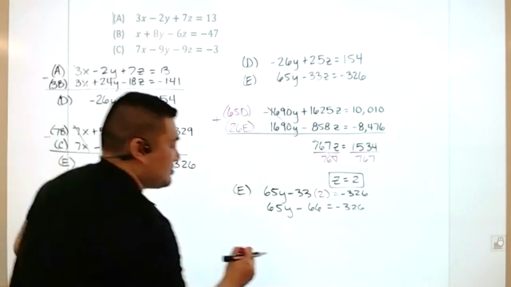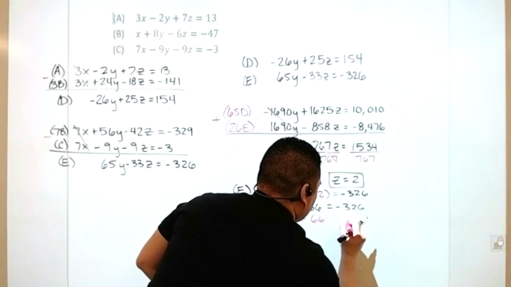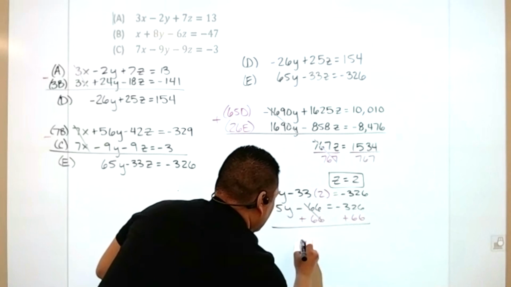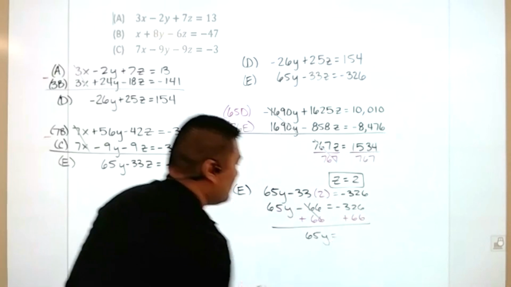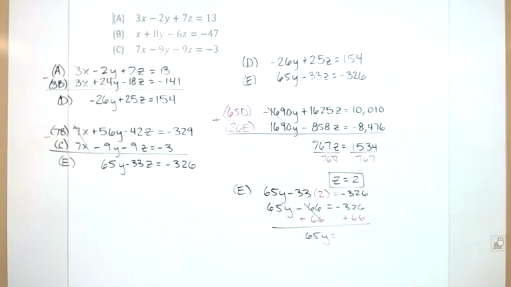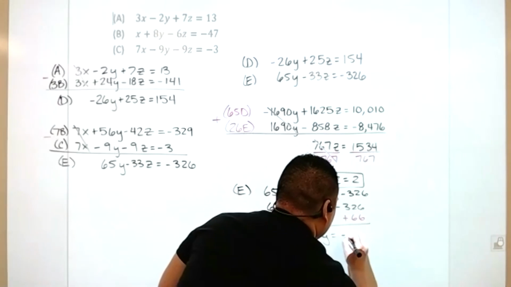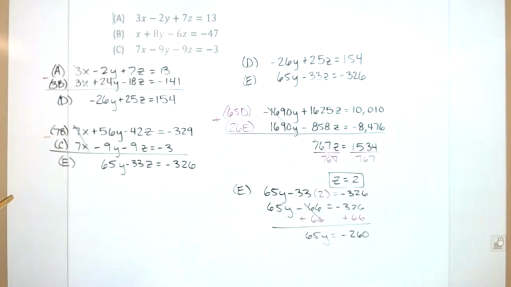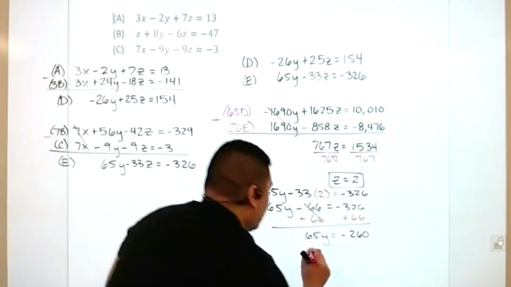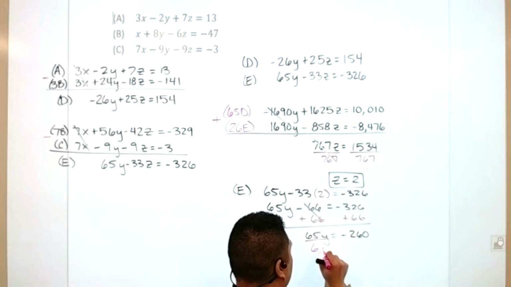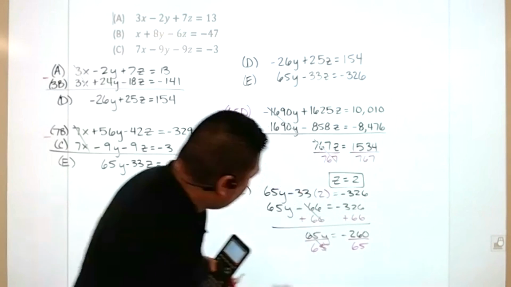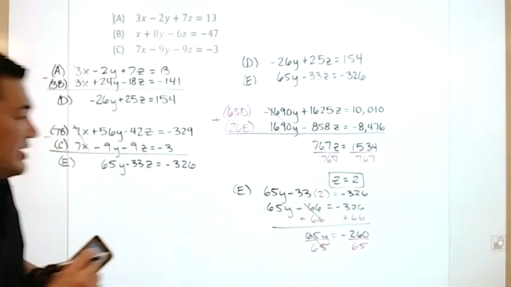We'll add 66 to both sides. 65y equals negative 326 plus 66 is negative 260. And then I'm going to divide both sides by 65. I get, let's see, y equals negative 4.